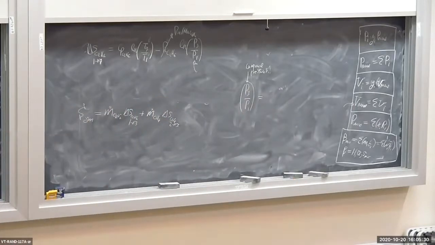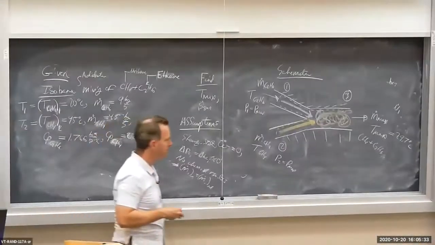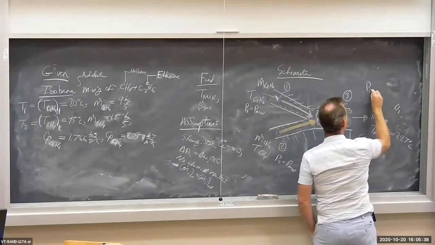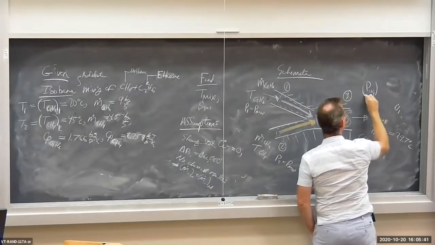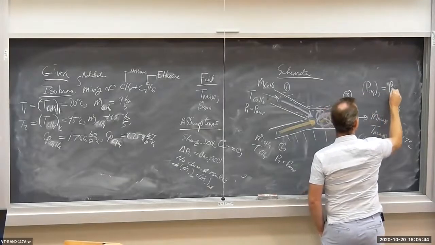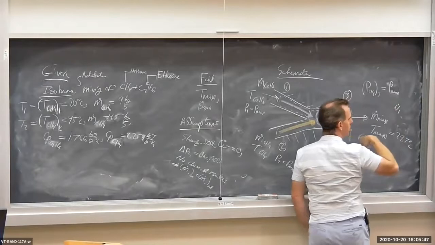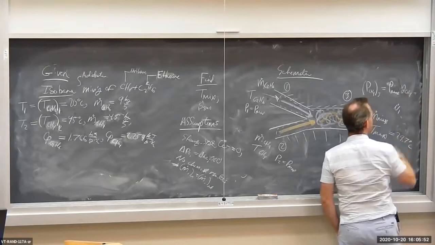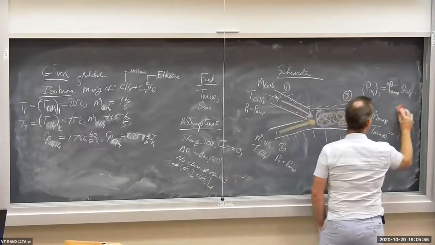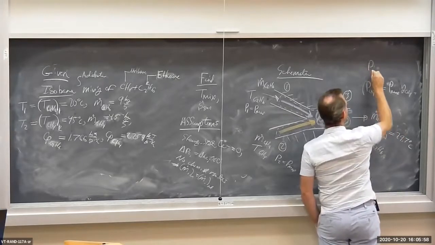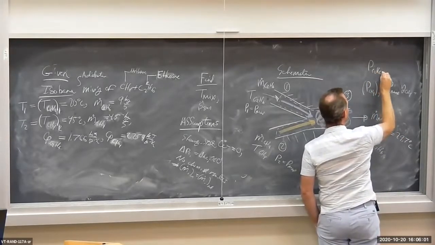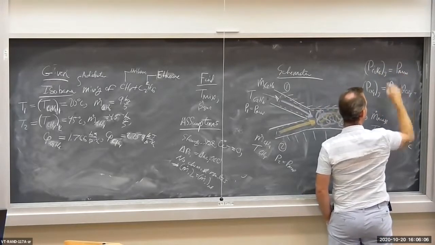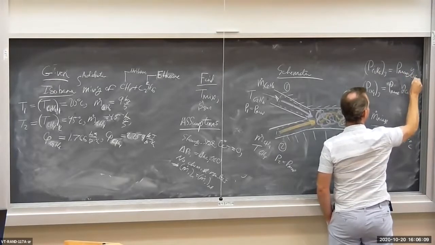So the partial pressure of the CH4 at the outlet is equal to the mixture pressure at the outlet times the mole fraction of the CH4 at the outlet. And the partial pressure for the C2H6 at the outlet is equal to the mixture pressure at the outlet times the mole fraction of the C2H6, okay?